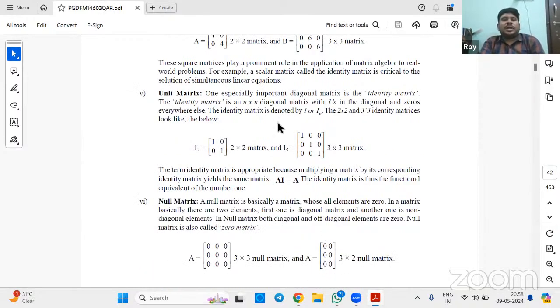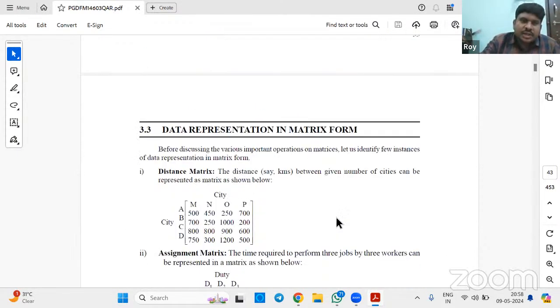Now, null matrix. What is a null matrix? A null matrix is basically a matrix whose elements are all zero. If all the entries in the matrix are zeros, we call it a null matrix. How about data representation? This is the distance in kilometers they have given, and the cities can be represented in the matrix.